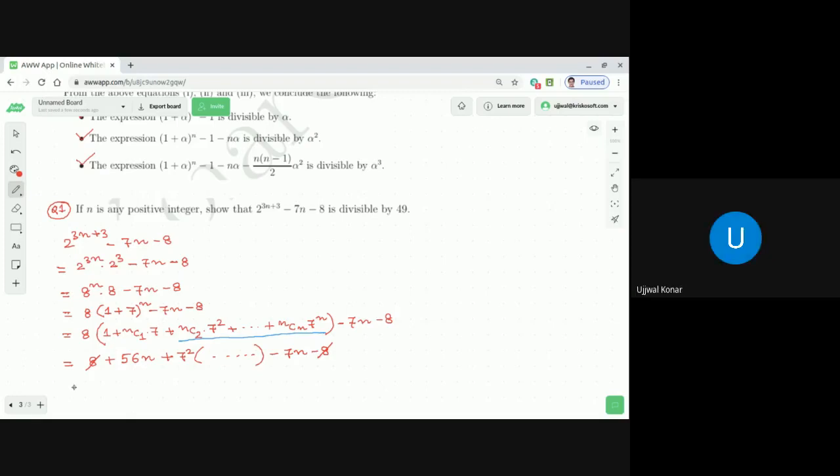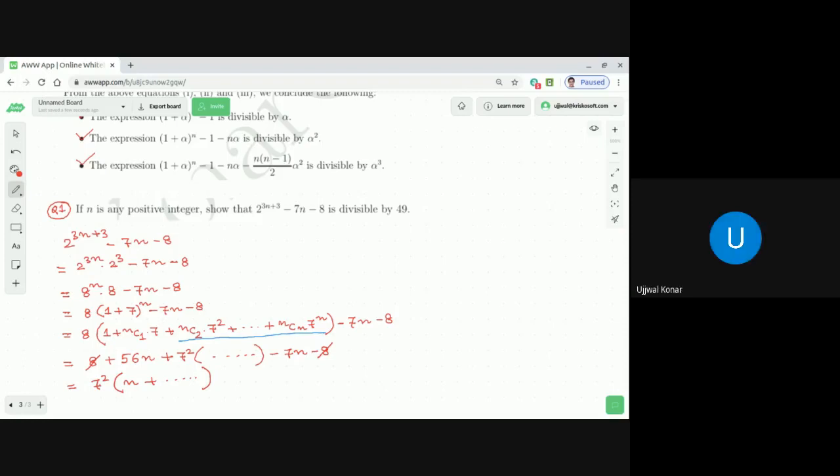So then what you are going to get here is 7 square into n plus something. We are not interested in writing all these things because our target is to make it a multiple of 7 square. 7 square is 49. Clear or not clear?